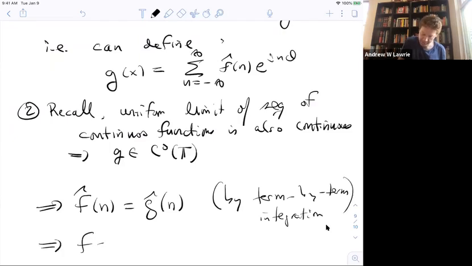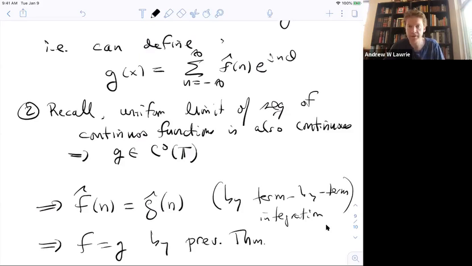And this implies that f equals g by the previous theorem. So this is why I say this is a corollary of the previous theorem. Once I know that the Fourier coefficients are the same and the two functions are continuous, then I know that the functions are the same as well.